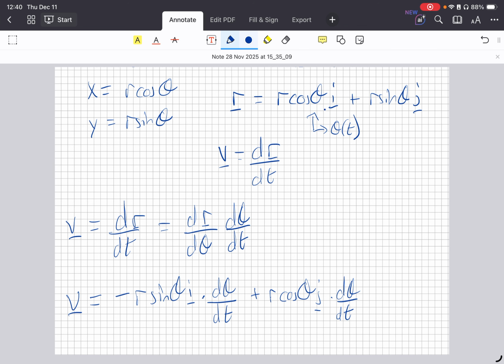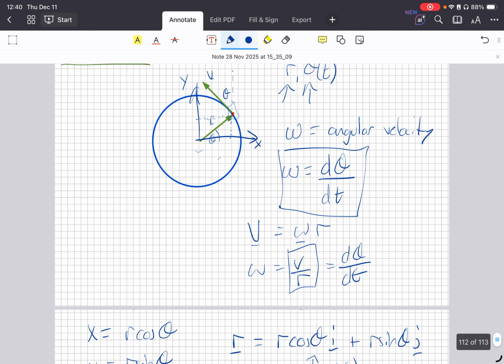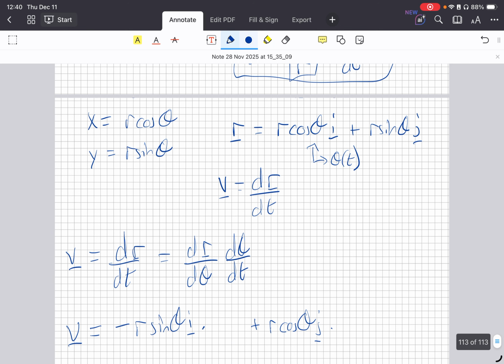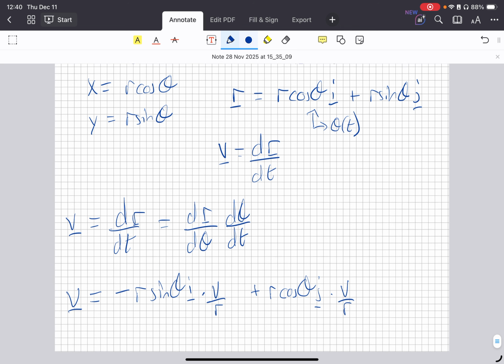So what we've done is we've taken our r and we've substituted it in here. We've differentiated with respect to theta, and each term we've multiplied by d theta by dt. And then I can replace this d theta by dt here with the v over r that we defined over here. So this is v over r, and this is v over r here.